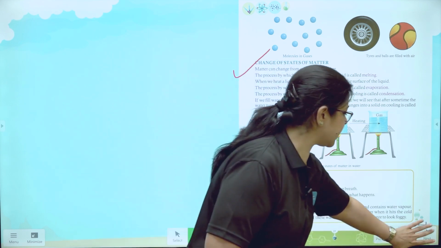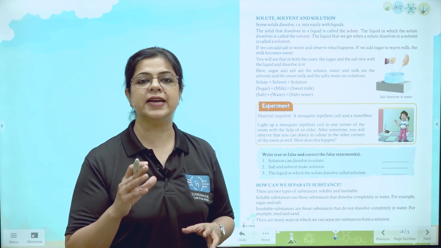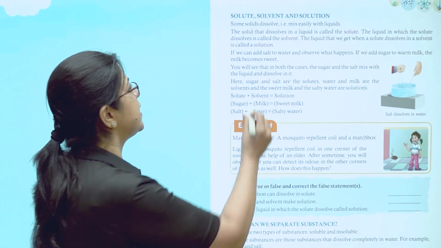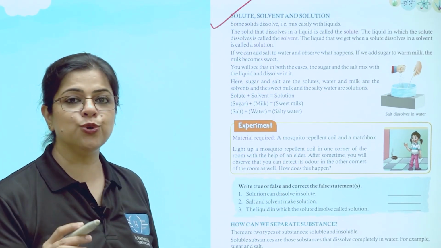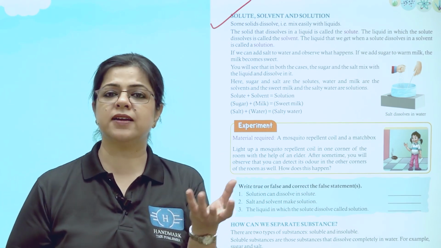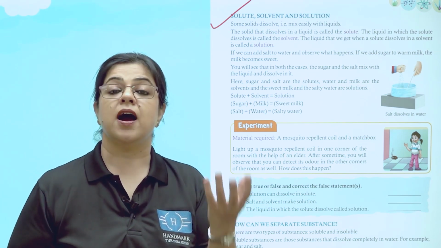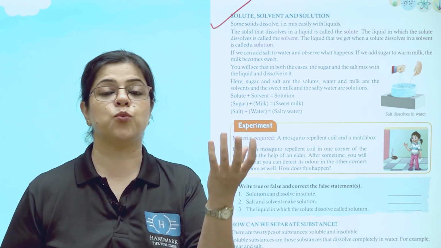Now let us understand another very interesting relationship between solids and liquids. It is known as solute, solvent and solution. So for example, you take a glass of water and you mix salt in it. What do you get? A mixture of salt and water.